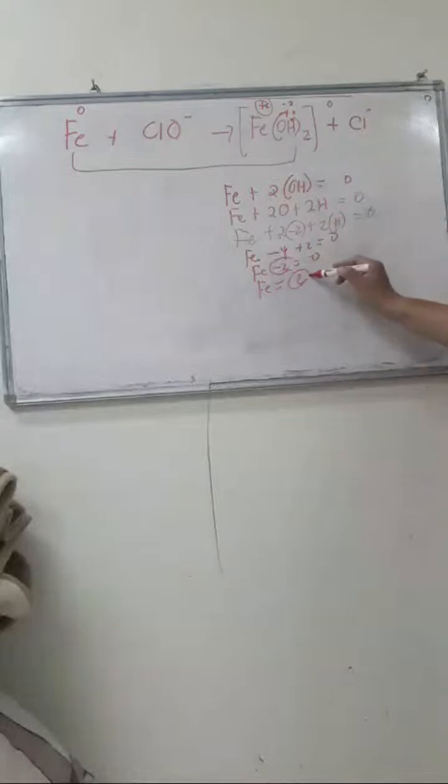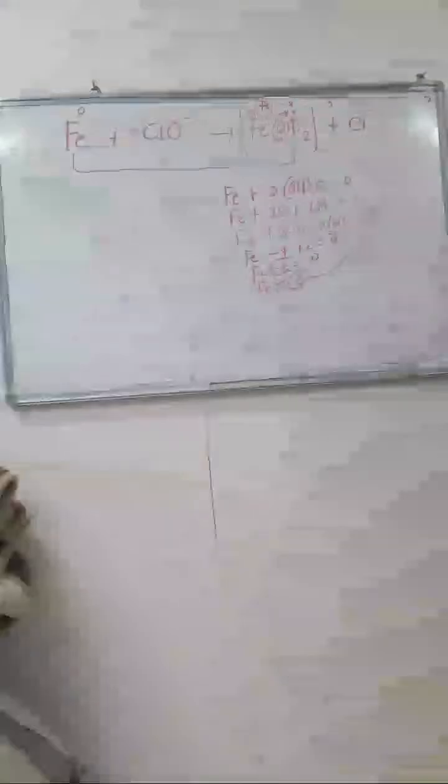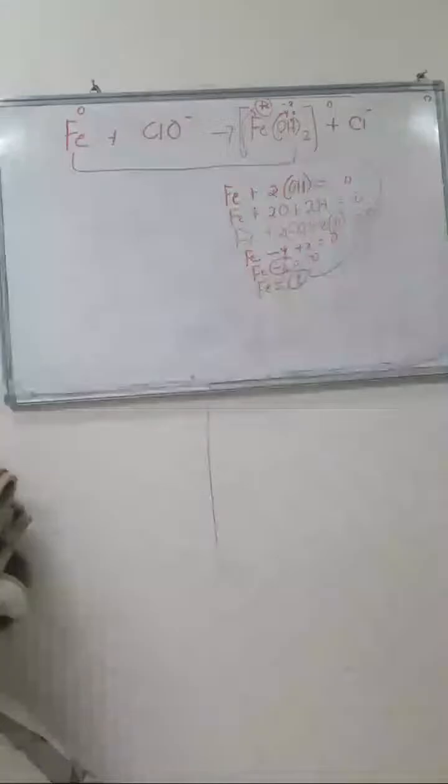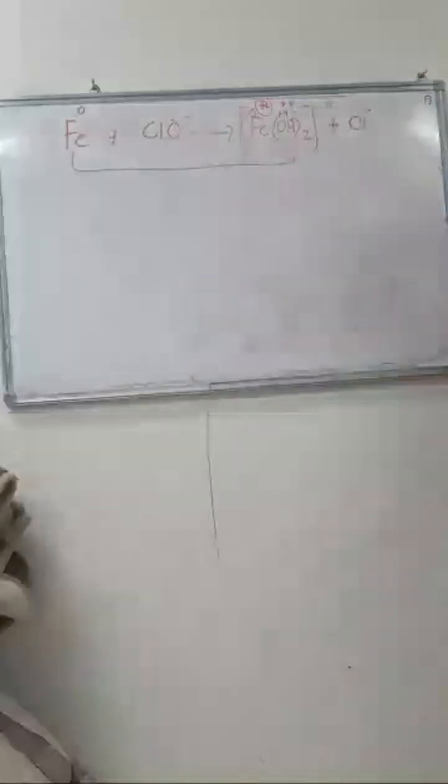So perfect, 2 really is our oxidation state of iron. So I'm confident now. Let's erase this algebraic expression of getting the oxidation states. Now we go to plus chloride negative. Now let's pair that accordingly.